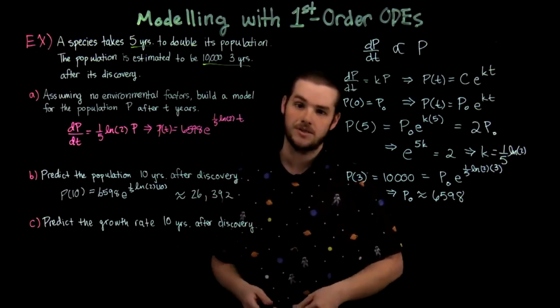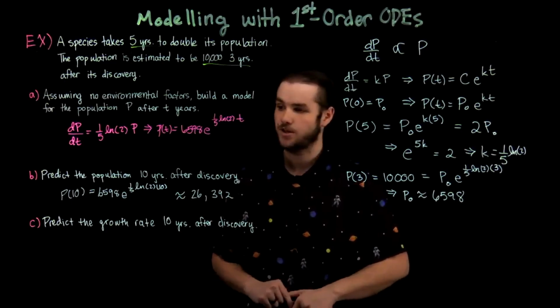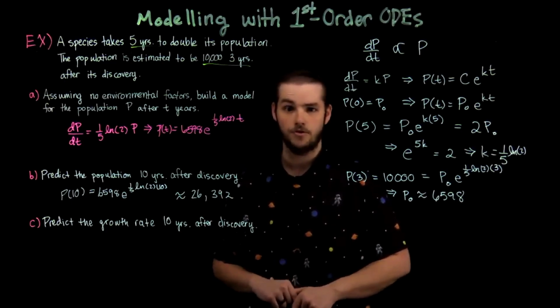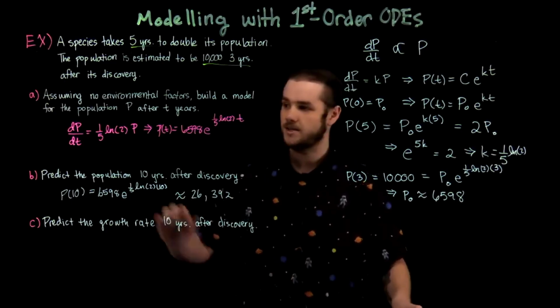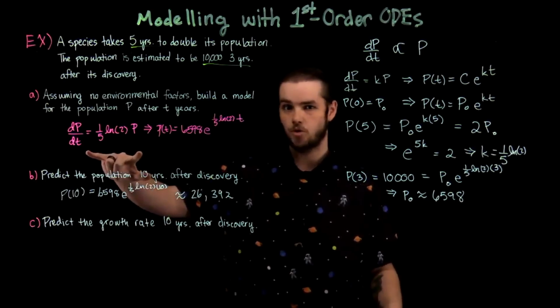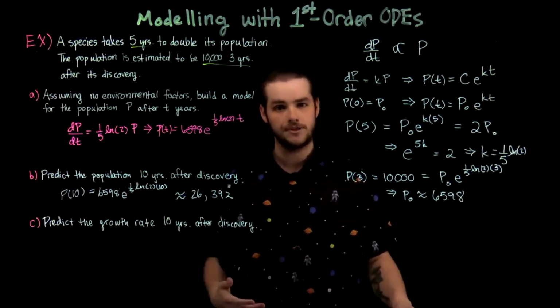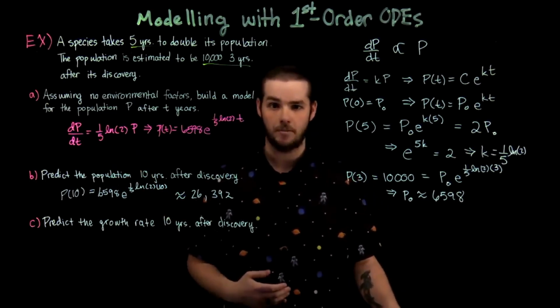But what I've written as part C here is a type of question that algebra can't answer for us: to predict the growth rate. And now we see why the differential equation is actually a more comprehensive model, because it also tells us something about the rate of change of the population.